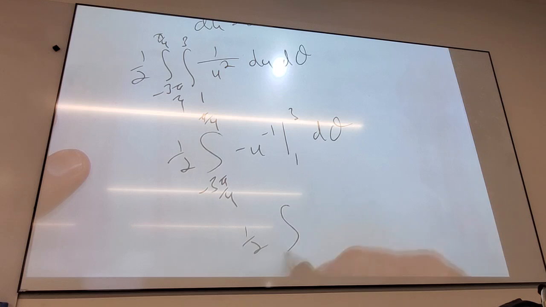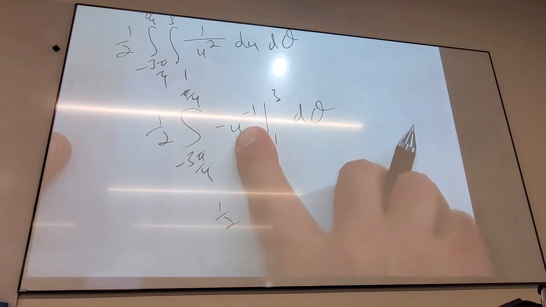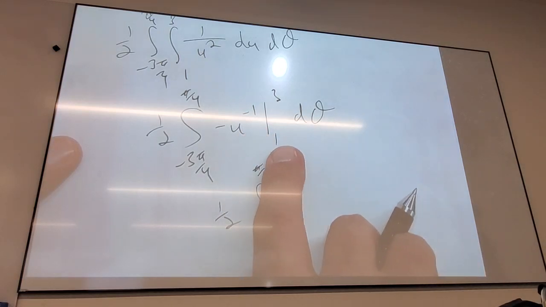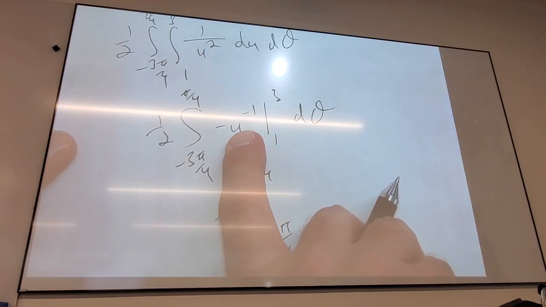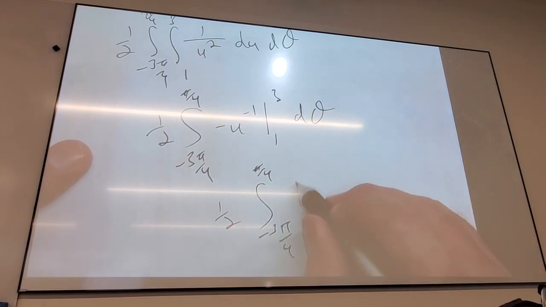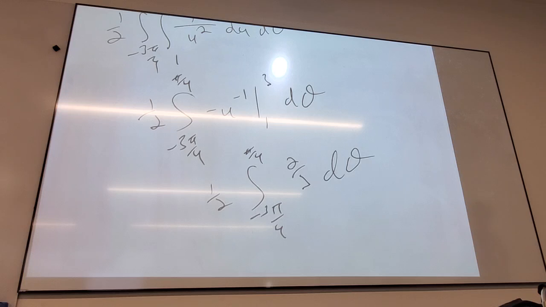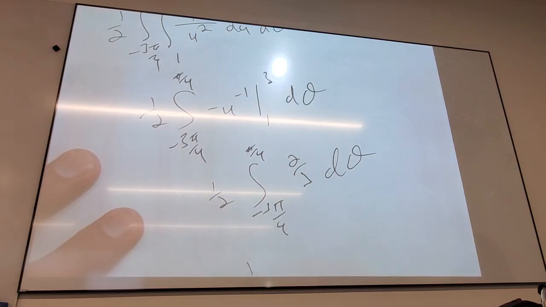So 1/2 integral from negative 3 pi over 4 to pi over 4. Negative 1/3 plus 1 will be 2/3. One half of 2/3 is 1/3.